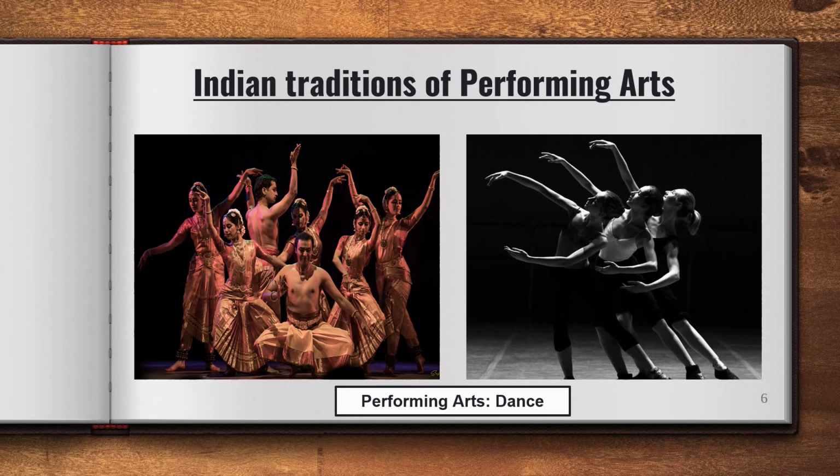Its themes are derived from mythology, legends, classical literature, etc. Theatre in India is as old as her music and dance. Classical theatre survives only in some places. Folk theatre can be seen in different regions.